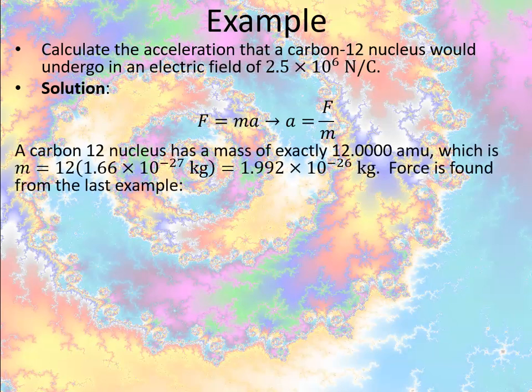Well, the mass of a carbon-12 nucleus is 12 AMUs. In fact, I probably should correct this slightly because there was a recent redefinition of the atomic mass unit that occurred, I believe, on May 20th of the year 2019, and it is no longer defined to be exactly 1/12 the mass of a carbon-12 nucleus.